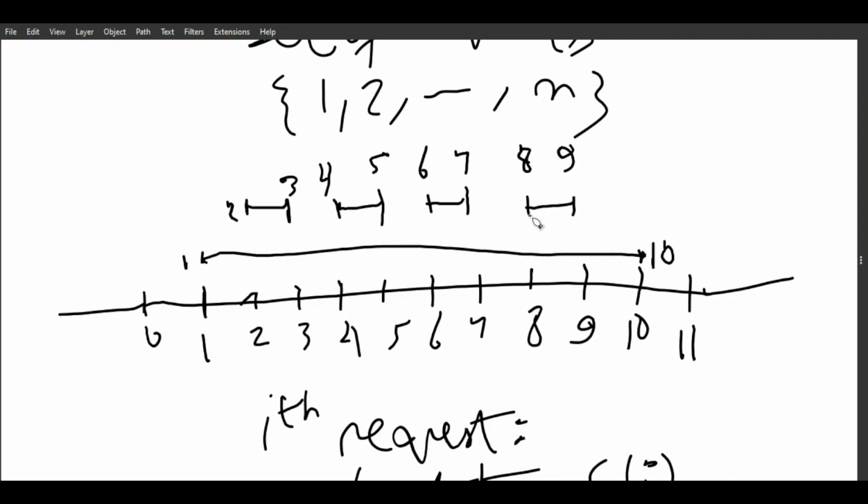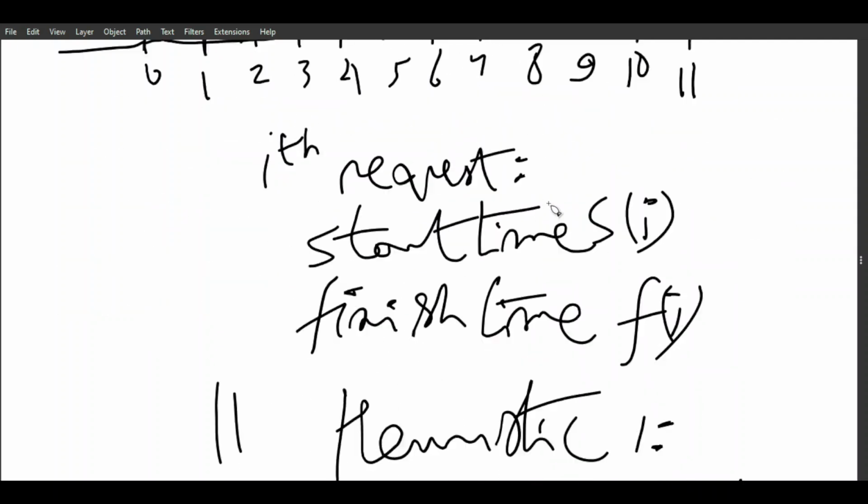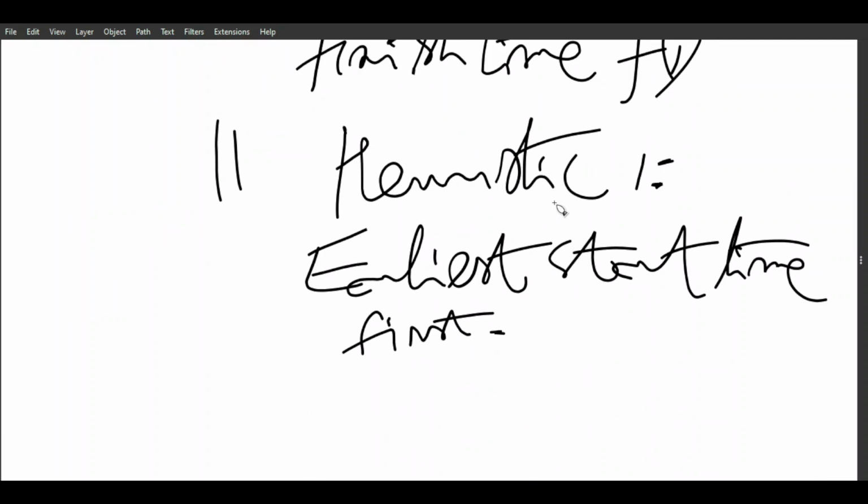It does not satisfy the greedy choice property. It is not giving the optimal solution. So this heuristic fails. Earliest start time first is our first heuristic, and the greedy choice property is not satisfied for it. So next we test some other heuristic.